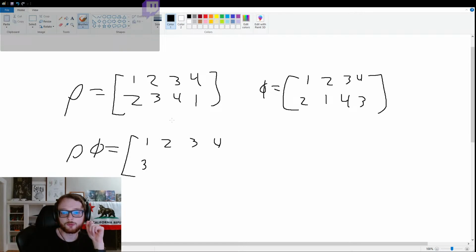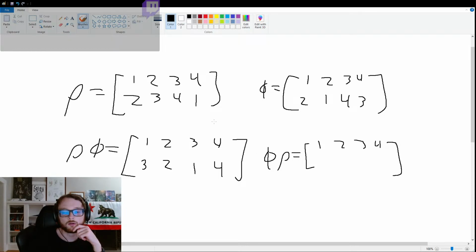So 1 gets mapped to 3. 2 gets mapped to 1, 1 gets mapped to 2. 3 gets mapped to 4, 4 gets mapped to 1. And by elimination, 4 goes to 4? Really? Yeah, okay. Whereas phi rho, we feed a 1. Oh, okay.